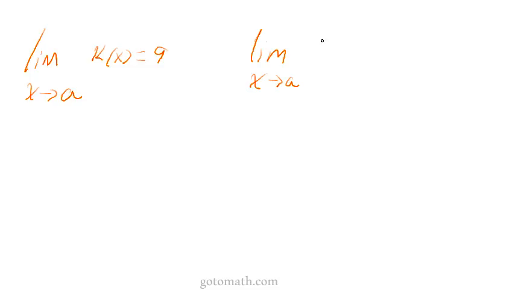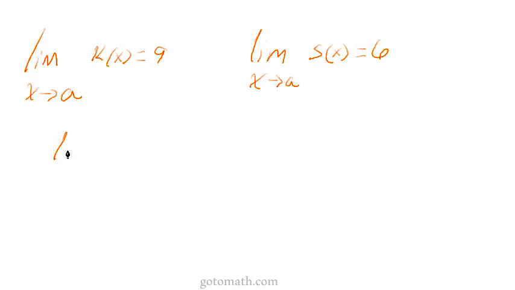We've got, if I can remember it, the limit as x approaches a of k of x equals 9, and then we had the limit, I remember they were all x approaches a, of s of x is equal to 6.